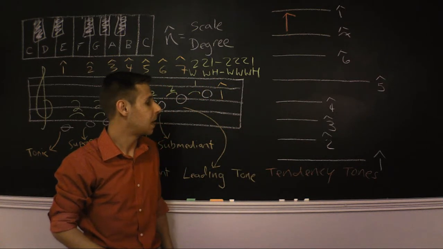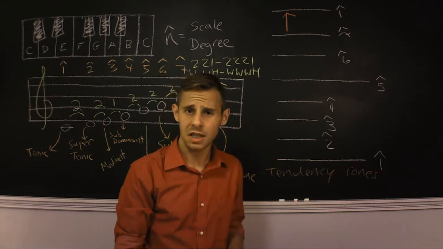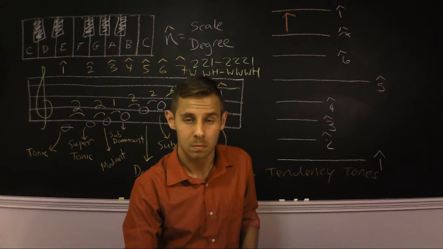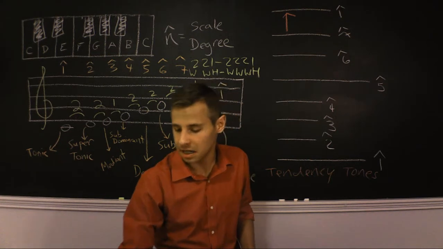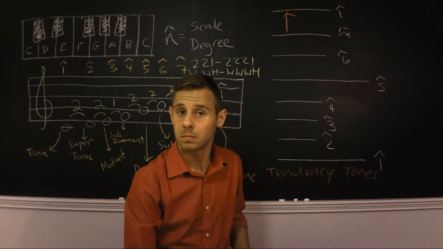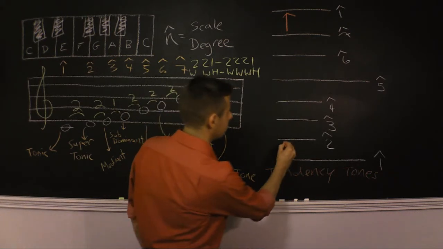Another very powerful tendency tone in scales, especially major scales, is the 2 to 1. So that would be C to D to C. Or if I play a descending C major scale, 2 to 1 is also very strong.